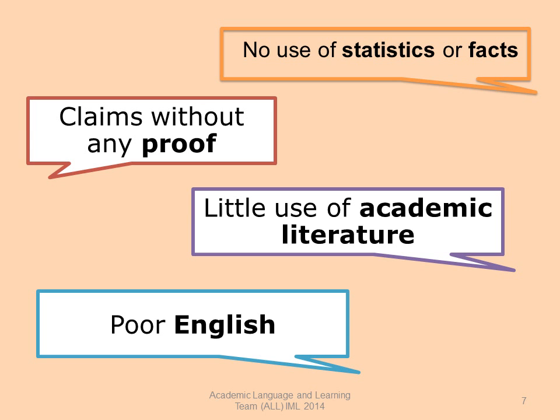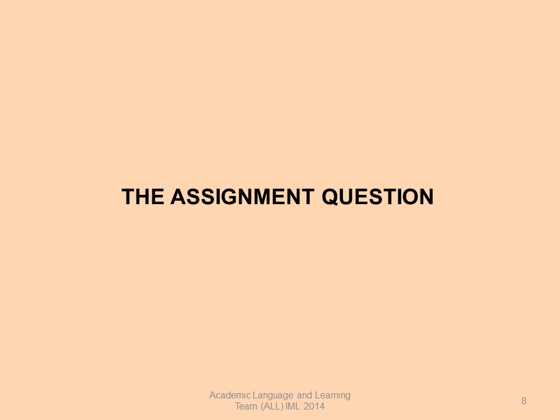Other problems that tutors talk about are the lack of statistics or facts, making claims without any proof, not enough use of academic literature, and of course just poor English expression. I'll leave it there so you can refresh yourself and go through this presentation again. Then I'll go on to talking about the assignment question.